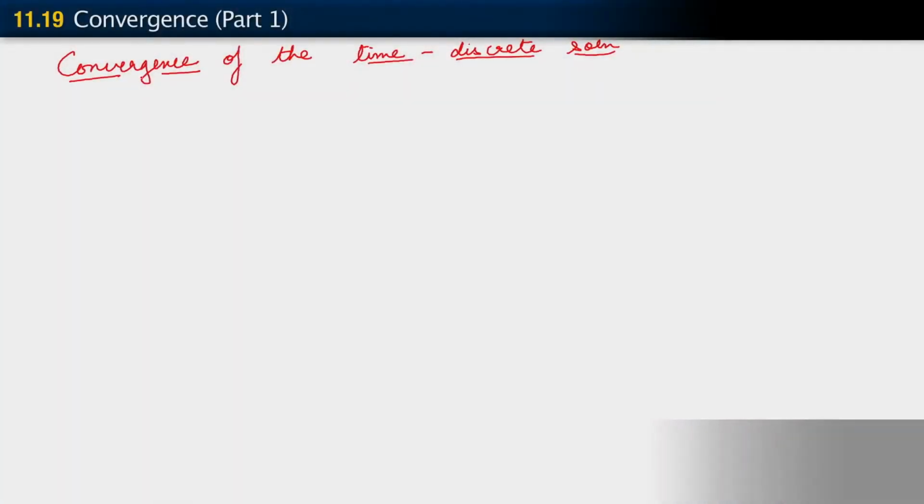So we define the error, and as we've done before in the context of the finite element solution itself, we will define the error as the discrete solution at n+1 minus the time exact solution at n+1. This is what we define as E at n+1.